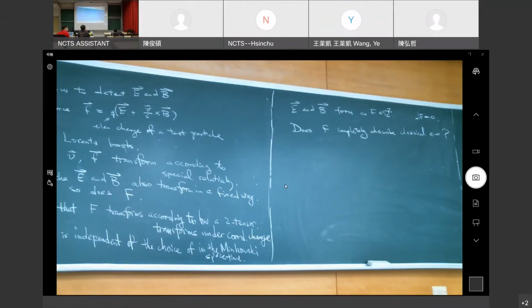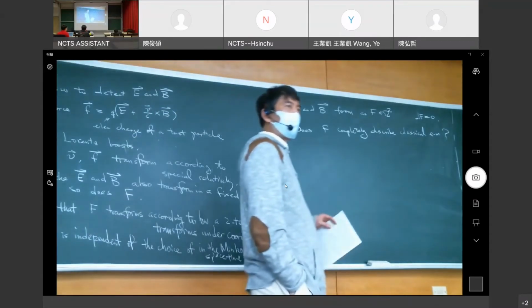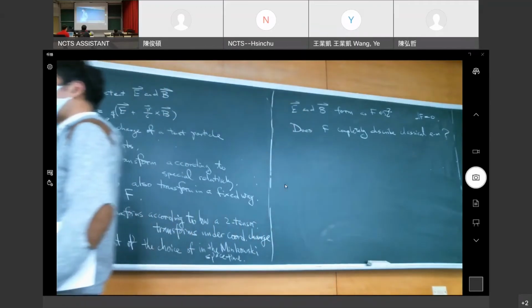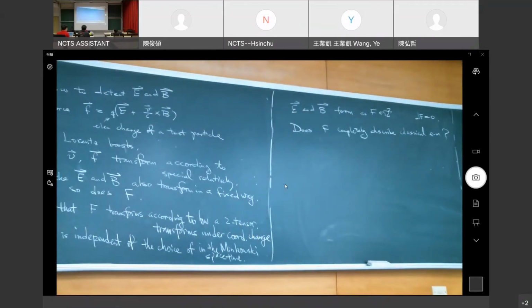So if we want it to be true, we have to provide evidence. It's not up to us to say arbitrarily what our universe is or is not. We have to provide evidence. So what kind of evidence can we provide if we want to claim that the F that we constructed earlier is indeed a curvature of a connection on a line bundle?